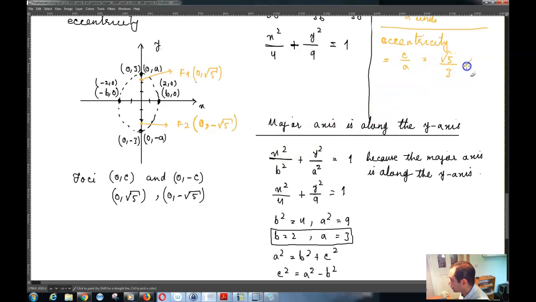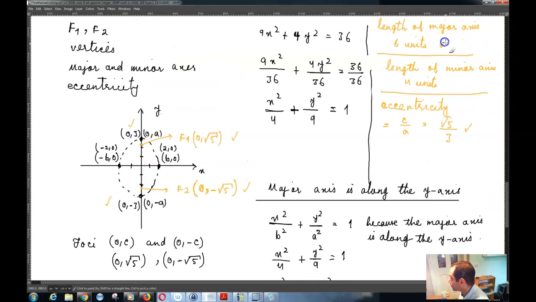So square root of 5 by 3 is correct. a is equal to 3, b is equal to 2. The foci are correct. The vertices are correct. The length of the major axis is 6 units. The length of the minor axis is 4 units. And the eccentricity is that.